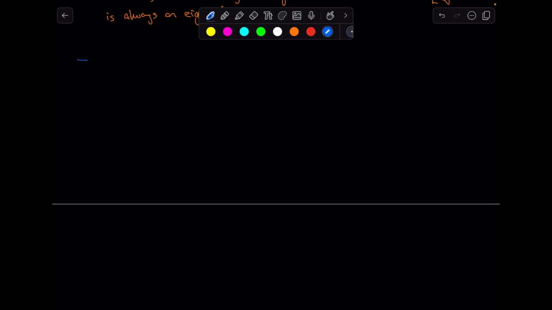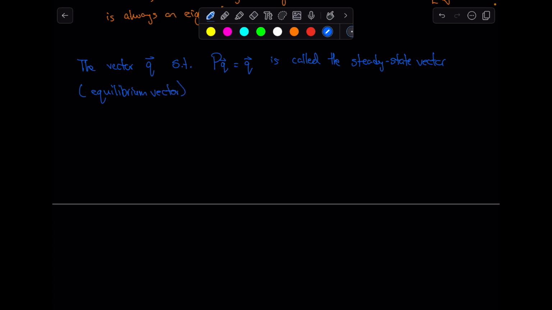The vector q, or it's called q in your textbook, such that P times q is just equal to the q vector, is called the steady state vector, or we also sometimes call it an equilibrium vector for P. And the steady state vector is something that we're very interested in finding with systems.